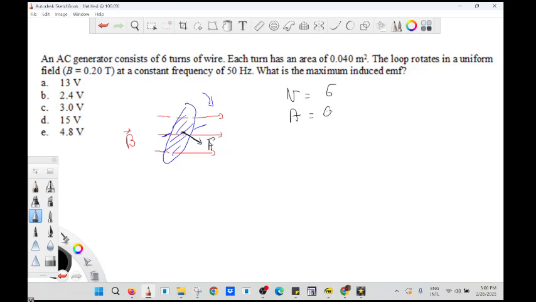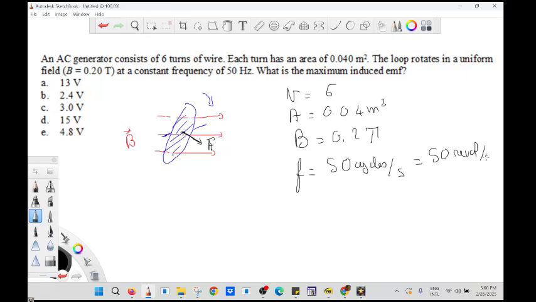The area does not change, 0.04 meters squared. And the magnetic field is 0.2. And it's rotating at a rate of 50 cycles per second, or 50 hertz, or you can say 50 revolutions per second. So that's a speed.